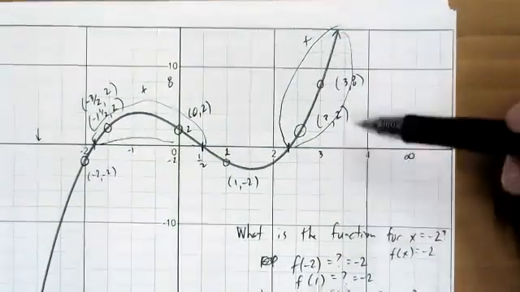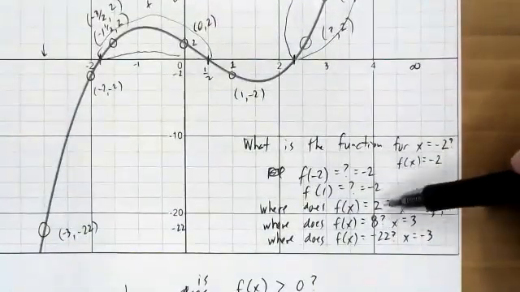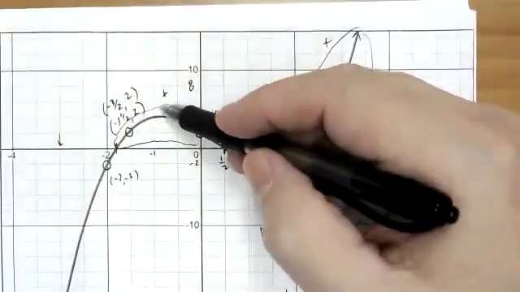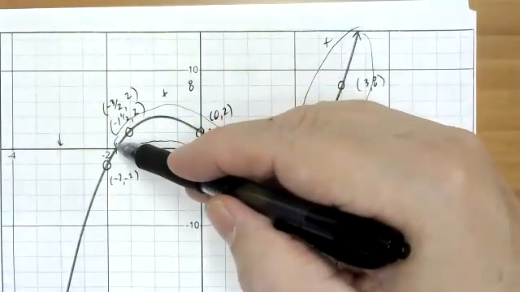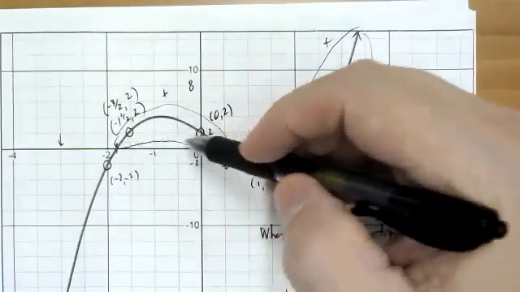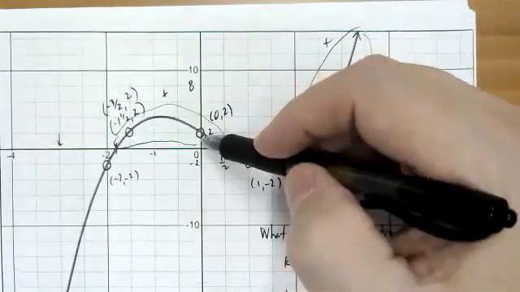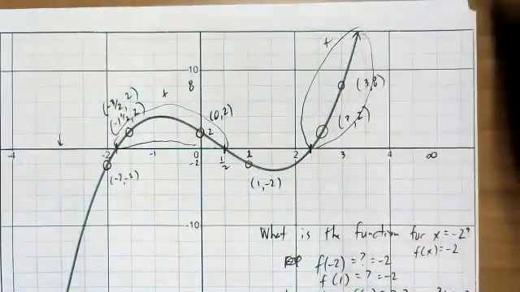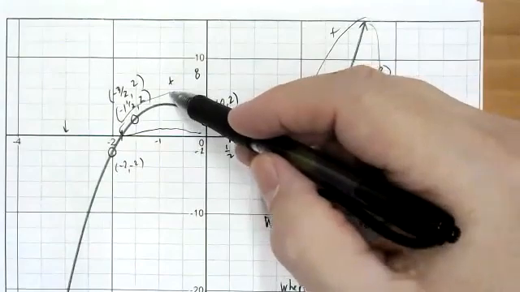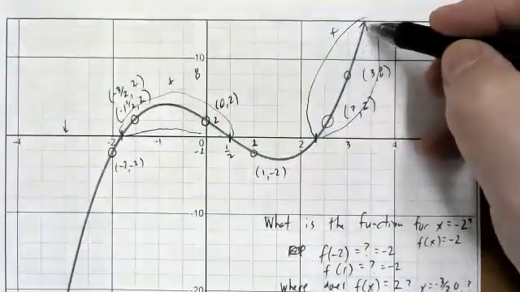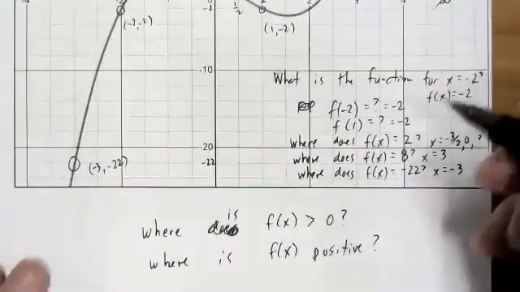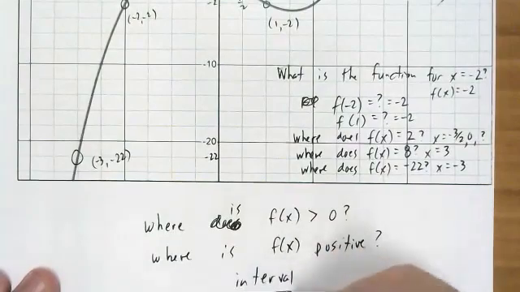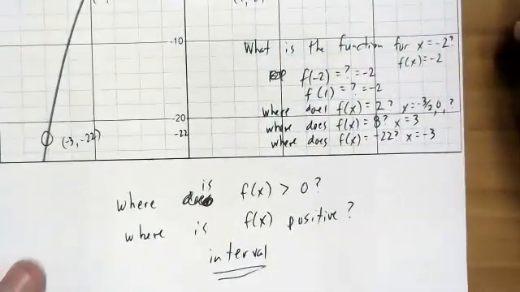So all the previous questions, the answers were like single values or points. But for this kind of question, it's this whole range. It's when x is between here and here, the function's positive. When x is between here and infinity, the function's positive. So the answer is this whole range of values of x, or the way we express that kind of answer is as an interval.